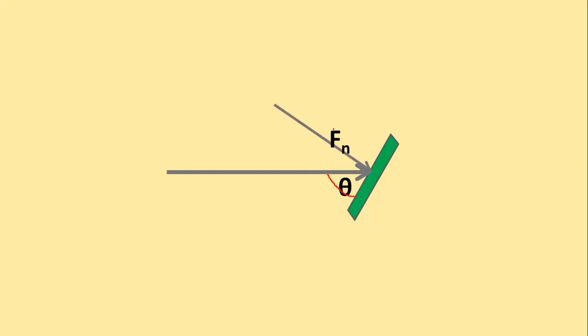Fn is the normal force acting normally to the plate. As this angle is theta, this angle here will also be theta. Then the vertical force will be Fy, and the horizontal force will be Fx.